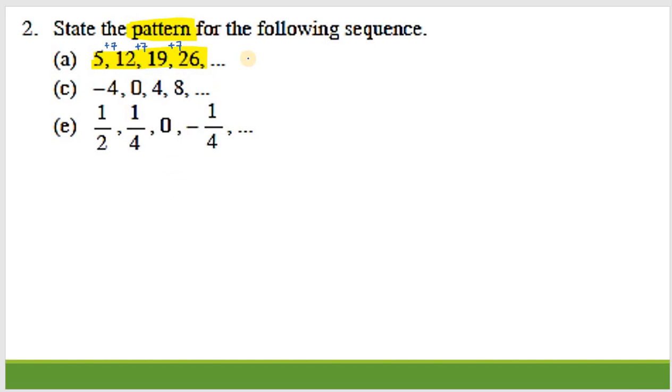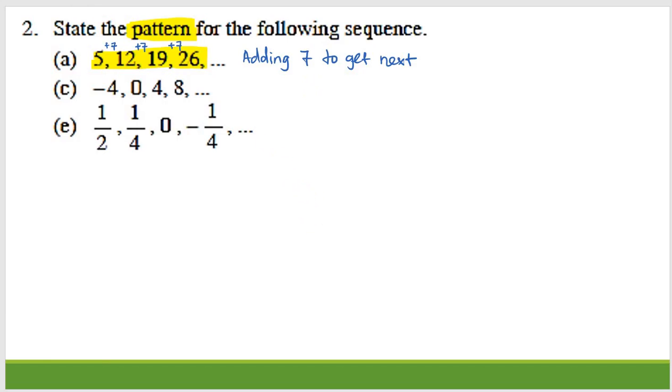So that means this is adding 7 to get the next term. Okay, this is a simple sentence. You can write your own sentence. You can say plus 7, or maybe other words, but the meaning must be the same.